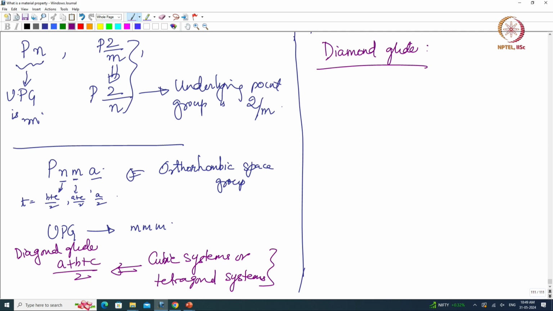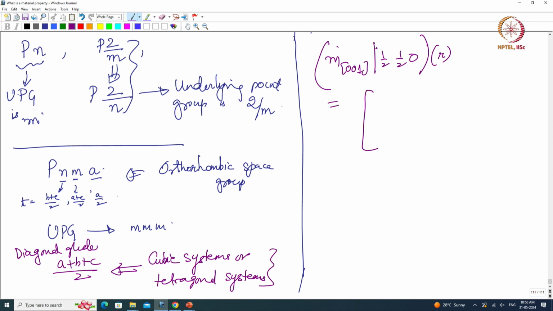Before going into diamond glide, let's write this notation. If I have a mirror about 0 0 1, and the diagonal glide which is about half half 0, operated on R, what do I mean by that?